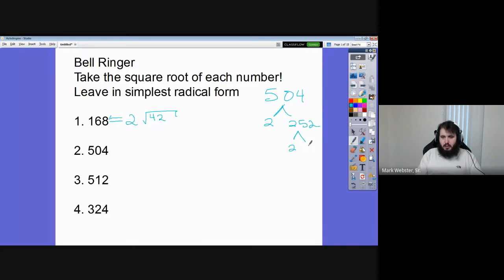I think 2 goes into 2 once. 2 goes into 5 twice. 2 goes into 12 6 times. Yeah.